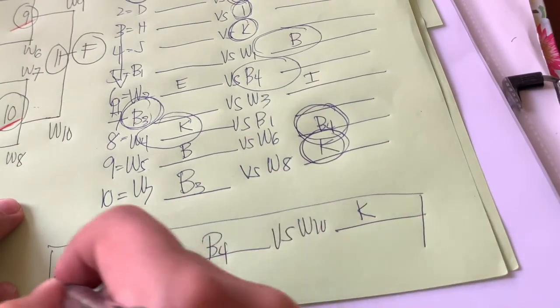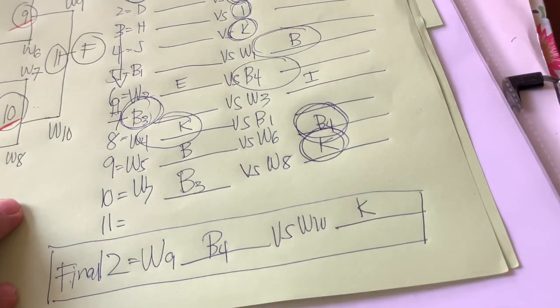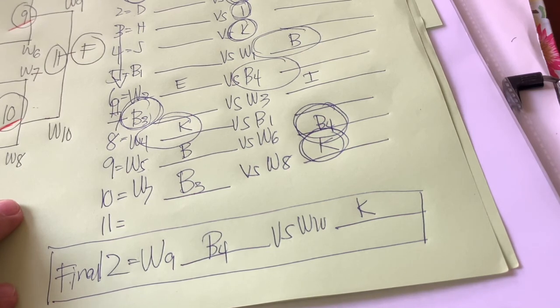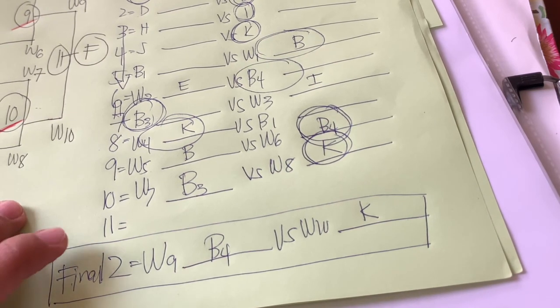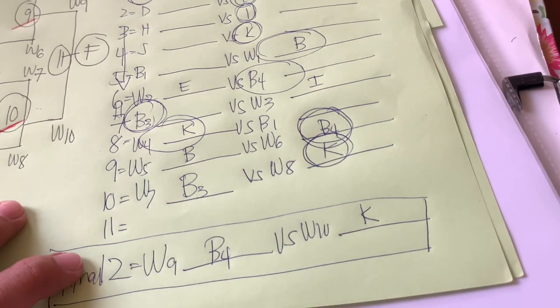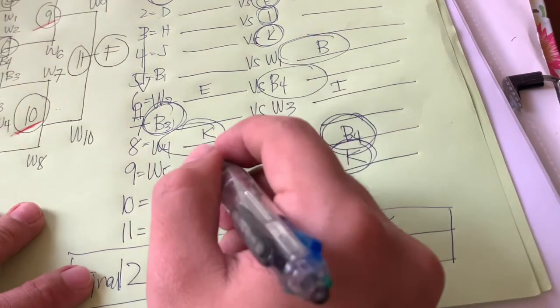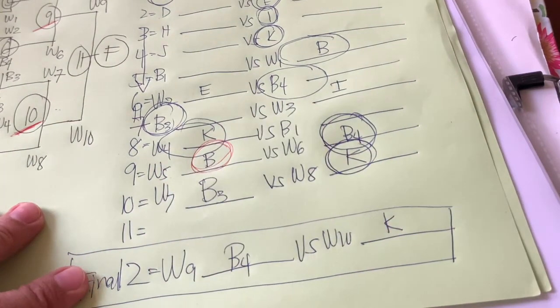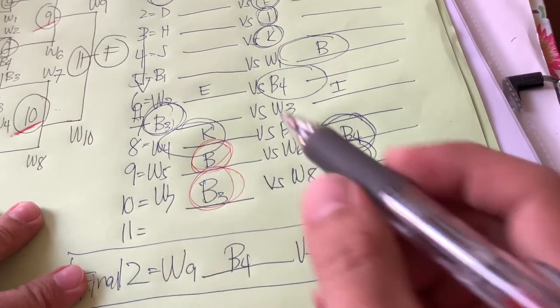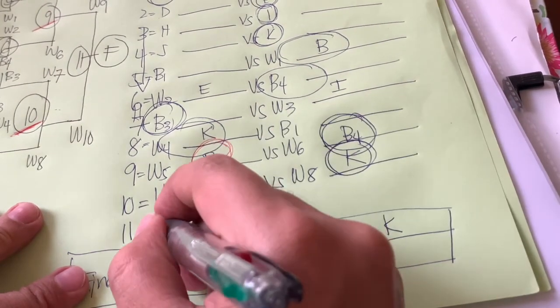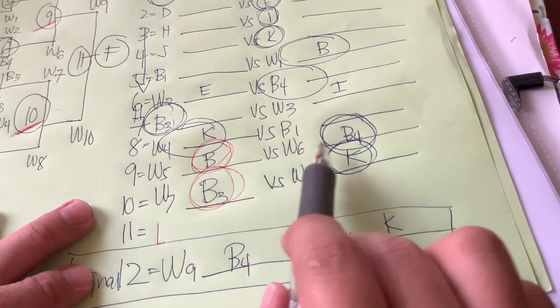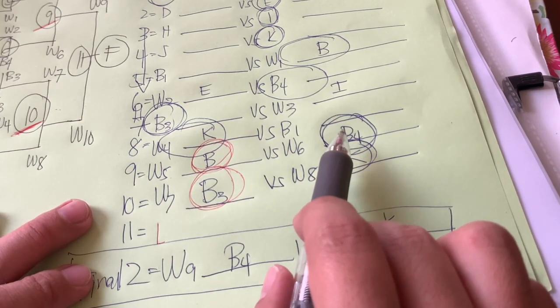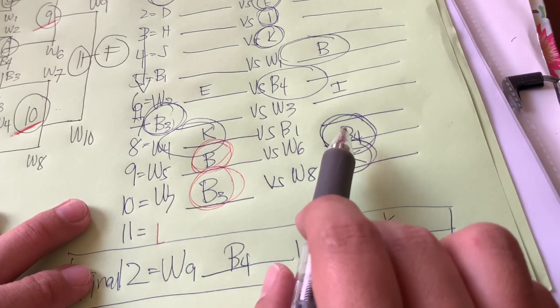Whoever loses from the final will be the runner-up, the silver placer or second placer. Now for the bronze match, the losers, so these are the losers, B team and bye 3. So they need to play. Normally in a knockout, they are not following it.